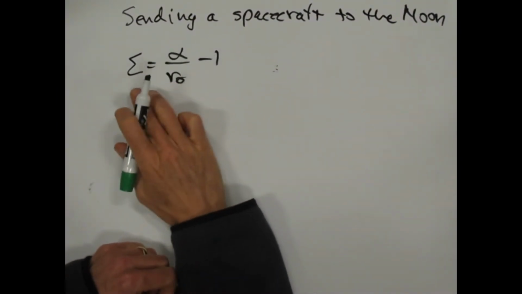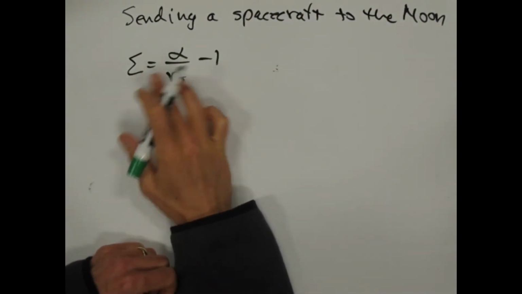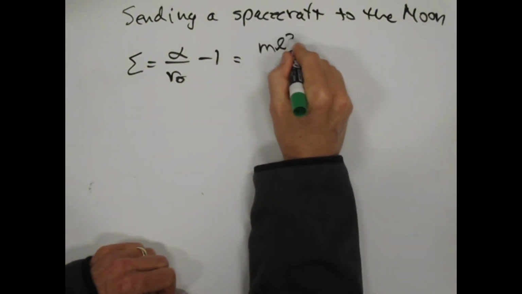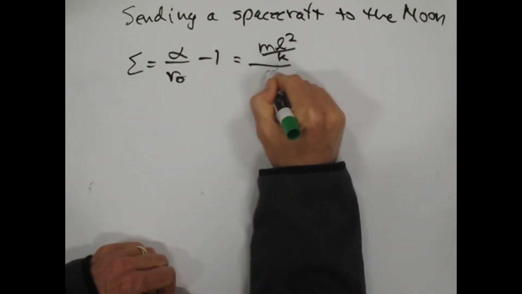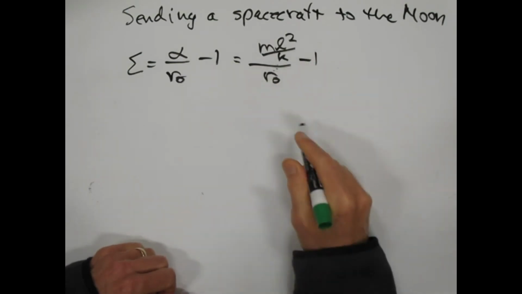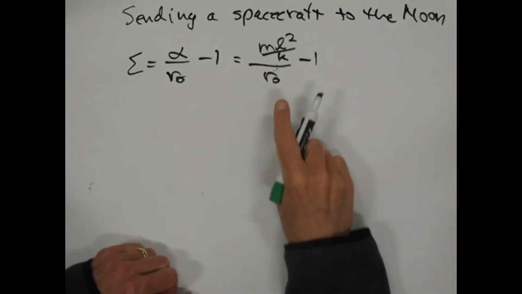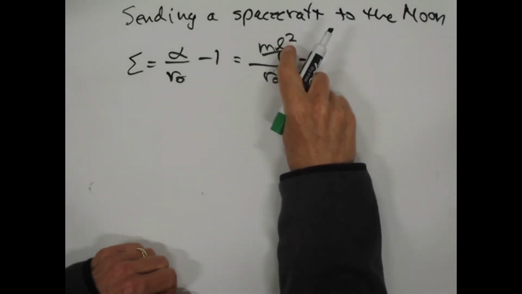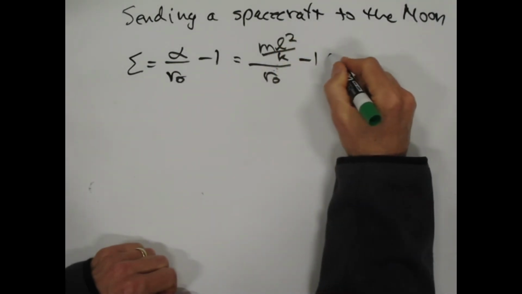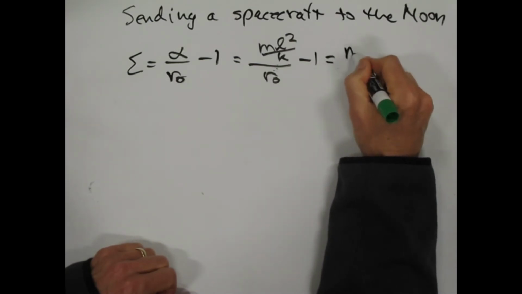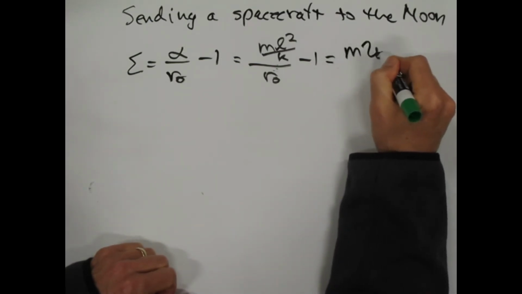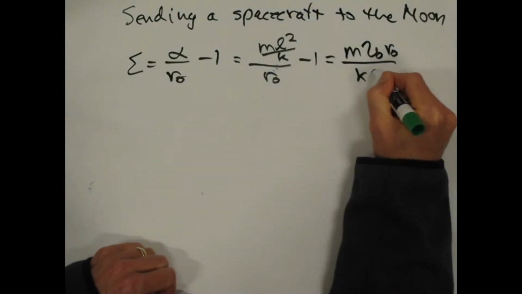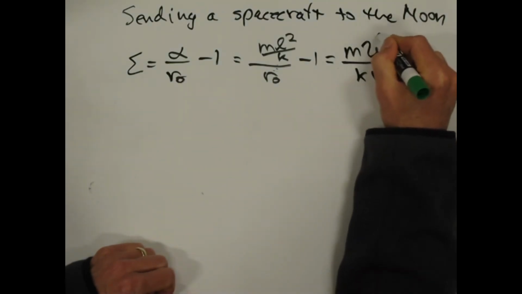So this is what I had: the eccentricity is alpha over r0 minus 1, and alpha is just m l squared over k, divided by r0, minus 1. This is the angular momentum per unit mass where the thing's been boosted. So this is equal to m v0 r0 over k, except squared.